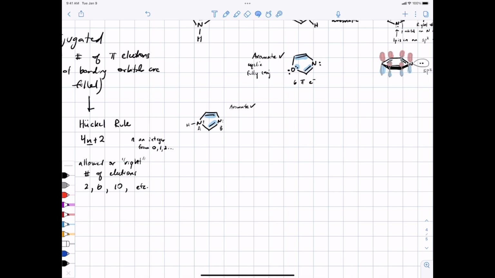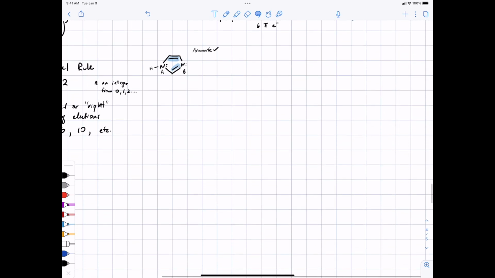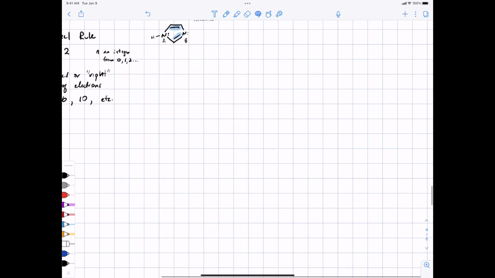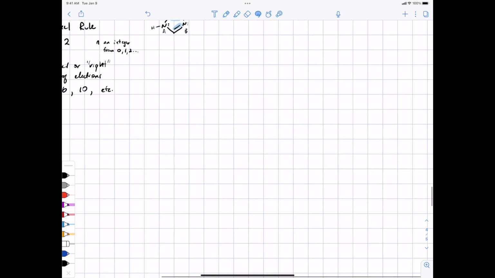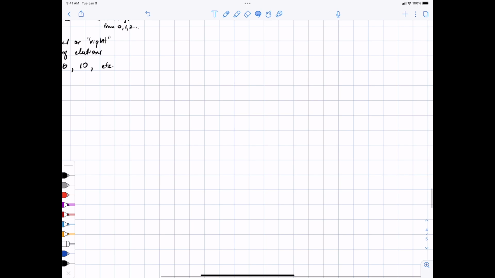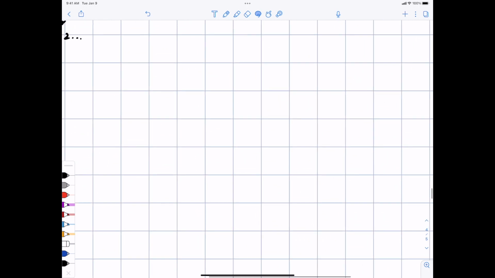So let's talk about situations where molecules might be cyclic and fully conjugated, but have the wrong number of pi electrons. And this will also give us a chance to talk about what aromaticity really means. So, cyclobutadiene.